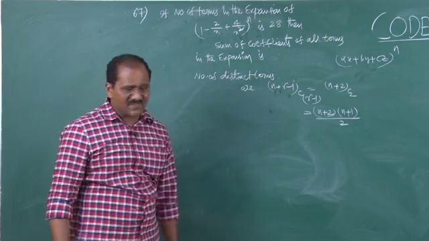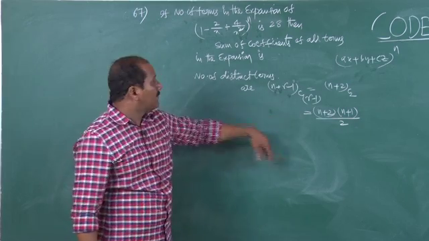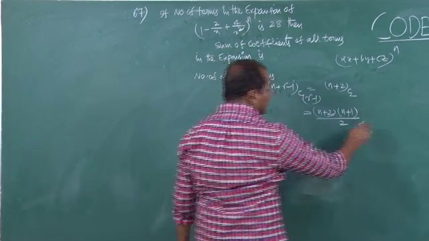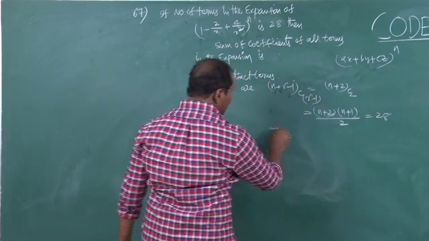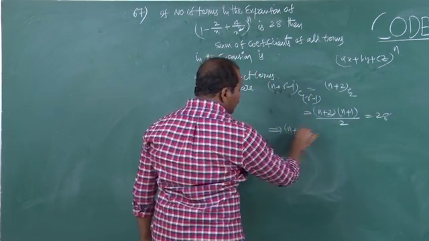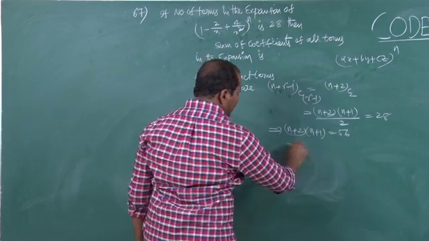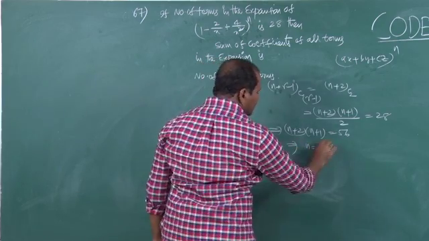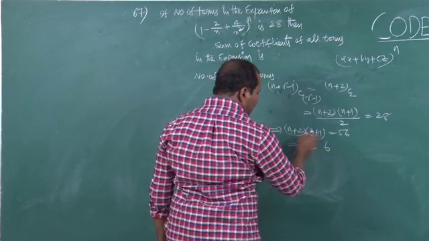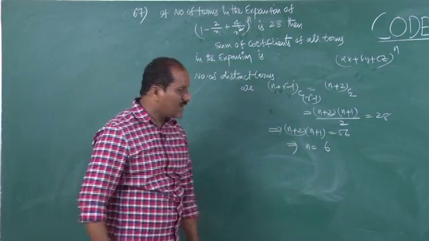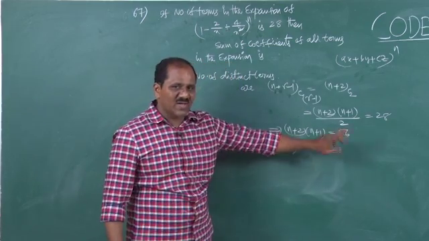These are the number of distinct terms of the expansion, but given that the number of distinct terms is 28, so (n + 2)(n + 1) is equal to 56, which implies n is equal to 6, or we will get a quadratic where one value is positive and one value is negative.